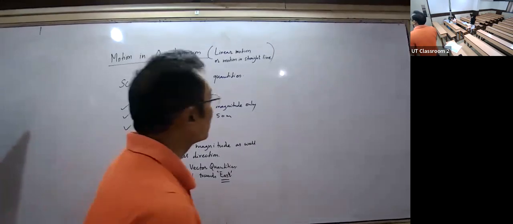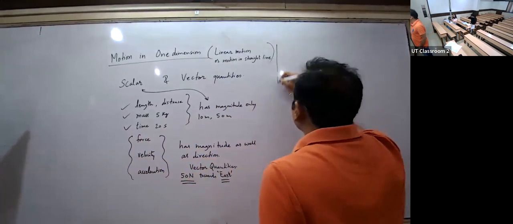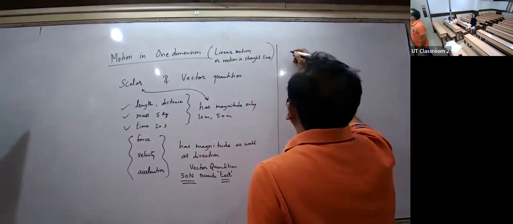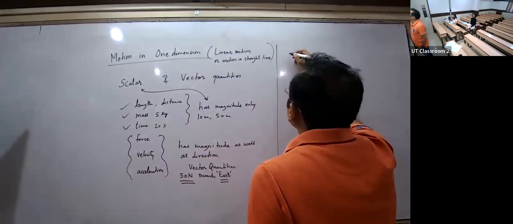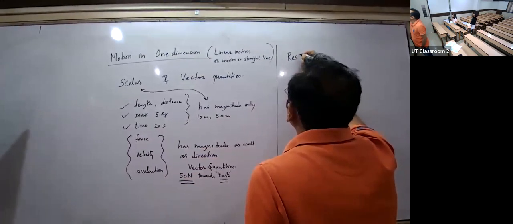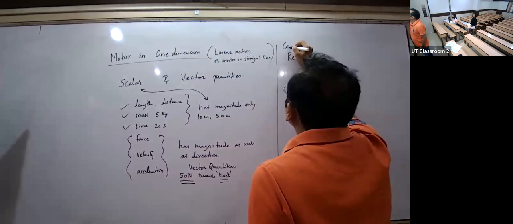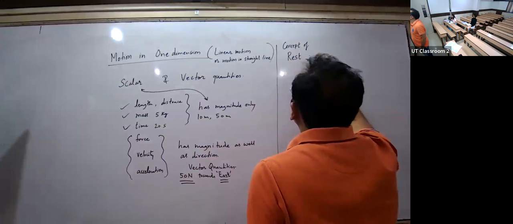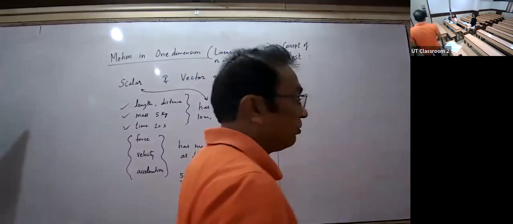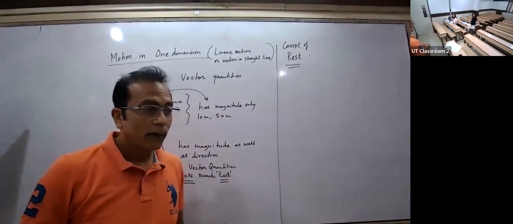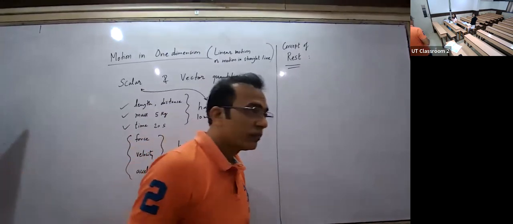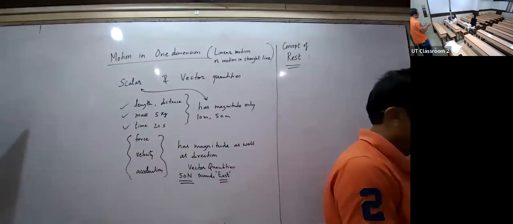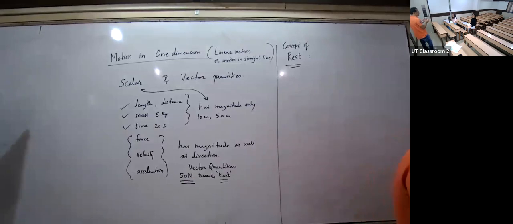First, the concept of rest and motion: when the body is said to be at rest, when it is said to be in motion. When do we say that the body is at rest? Are you at rest? Am I at rest?